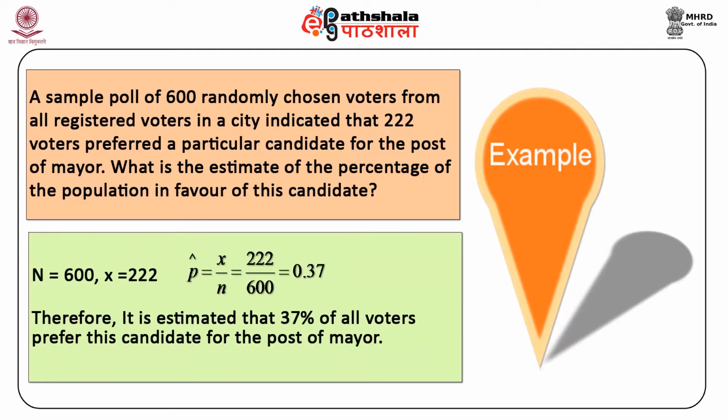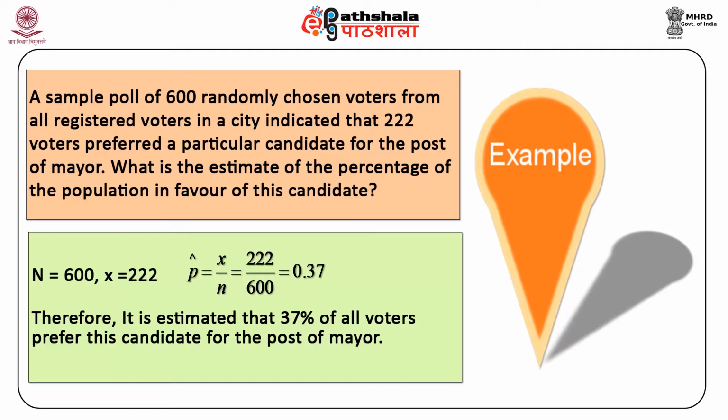Solution: n is equal to 600, x is equal to 222. Therefore, p hat is equal to x by n is equal to 222 by 600 and is equal to 0.37. Therefore, it is estimated that 37% of all voters prefer this candidate for the post of mayor.